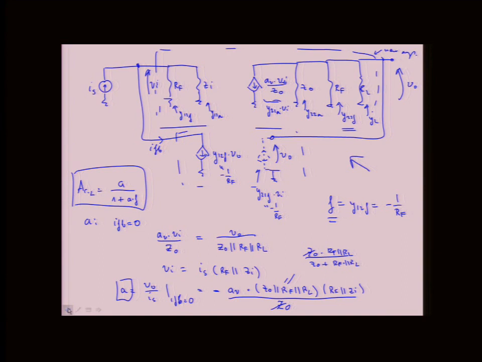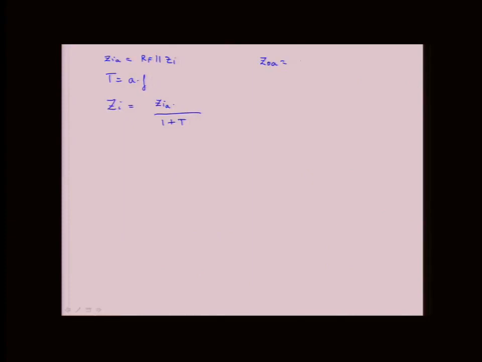What's the native amplifier output impedance? If you look at this whole upper thing as the new amplifier block, what's the output impedance of that amplifier? Yep, it's all these three guys, right? So that's ZO in parallel with RF in parallel with RL.